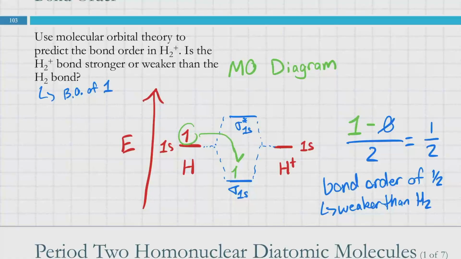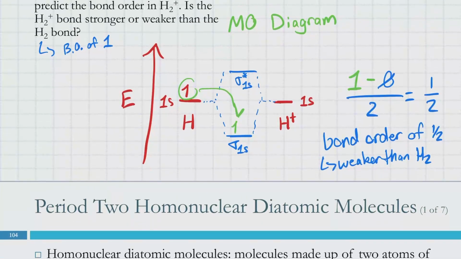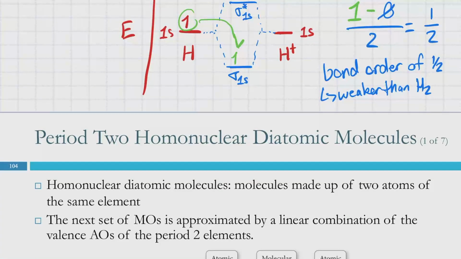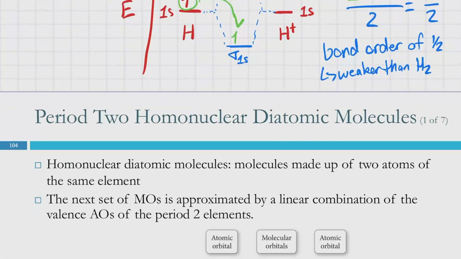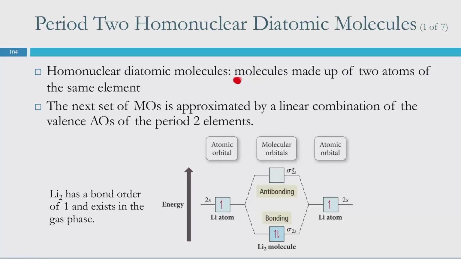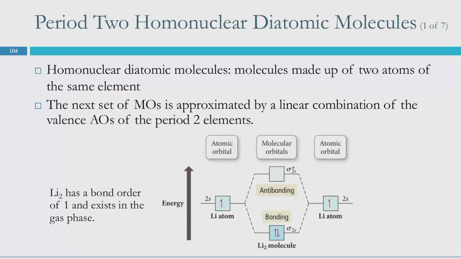So that's period 1. We can also do this with period 2, homonuclear, just meaning they're the same atom, they're the same nucleus, diatomic molecules. So homonuclear diatomic molecules are molecules made up of two atoms of the same element, of the same nucleus.